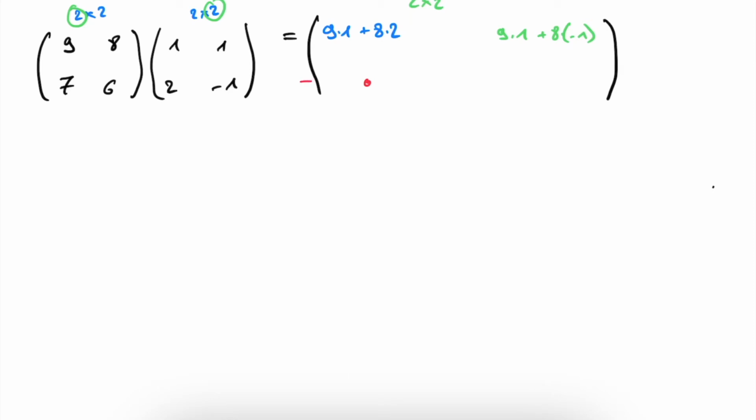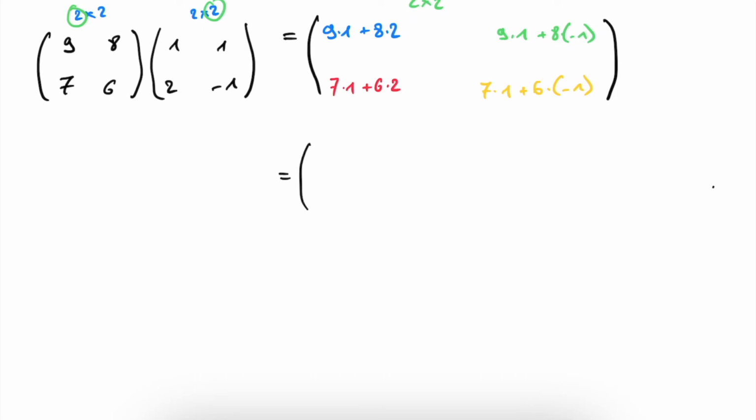For this element on the second row and first column, we'll be looking at the second row and first column. So we get 7 times 1 plus 6 times 2. And for the final element on the second row and second column, we get the following result: 7 times 1 plus 6 times minus 1.